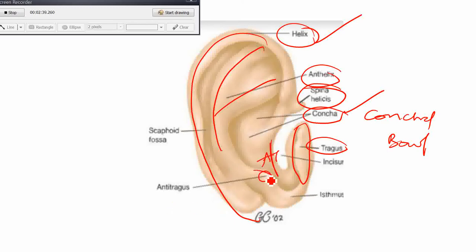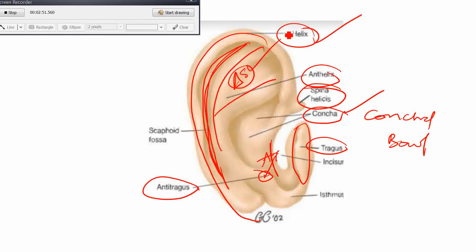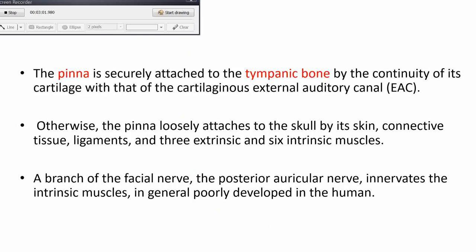The fossa just medial to the helix is called the scaphoid fossa, and this is the fossa triangularis, a triangle-shaped one. This is the isthmus region between the antitragus and tragus.